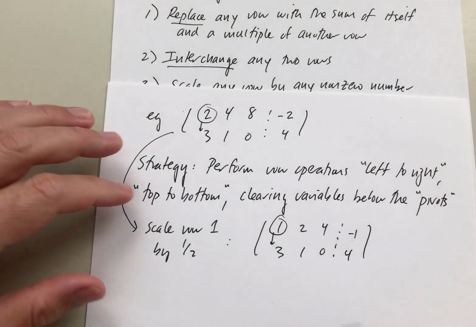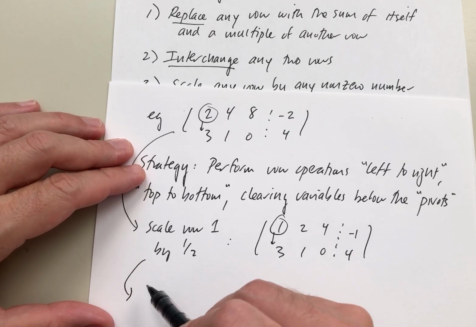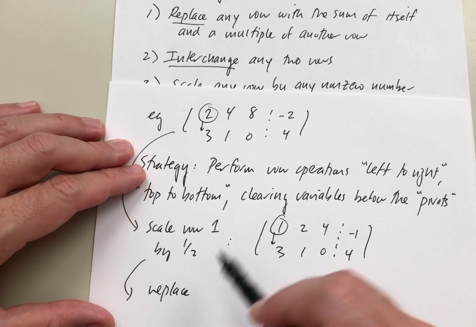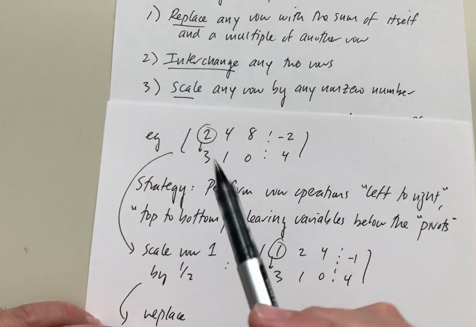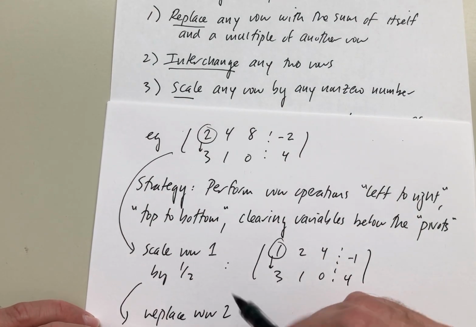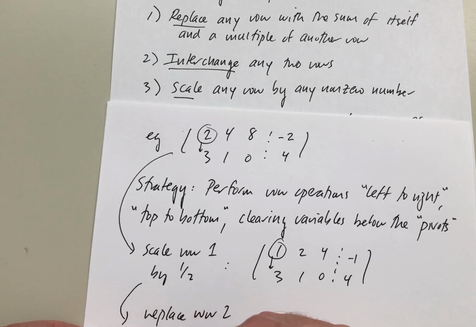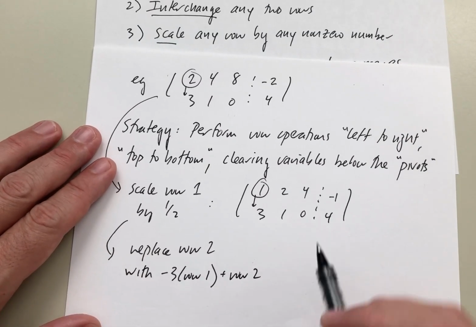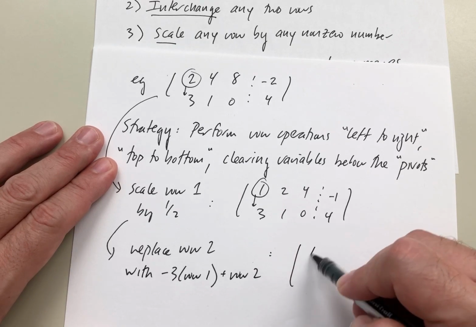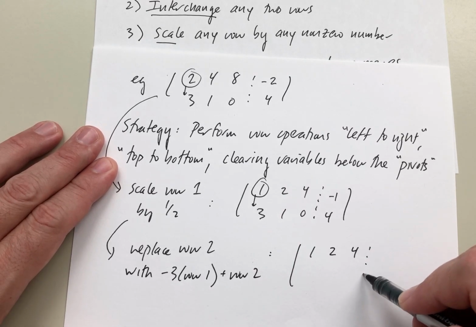Okay, and so now the pivot has a value of 1, so it's going to be easier now to clear below. What I'm going to do next is use one of my row operations of flavor 1, and I want to replace row 2 with minus 3 times row 1 plus row 2. What that gives me is I don't touch the first row.